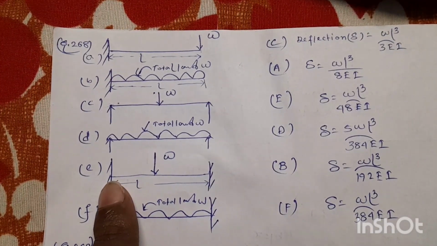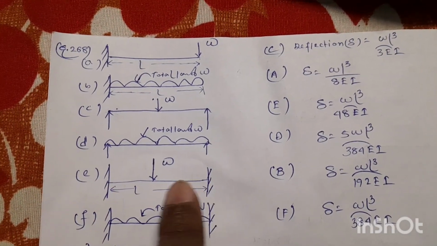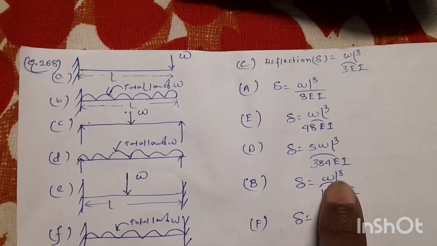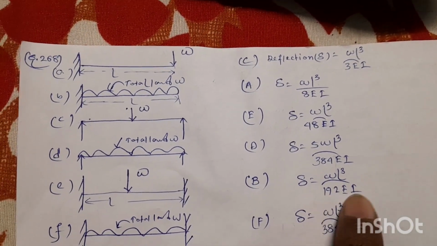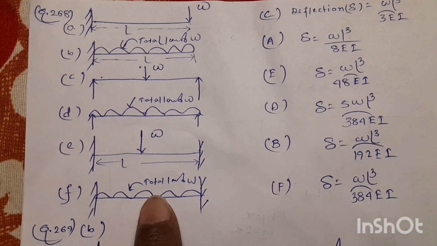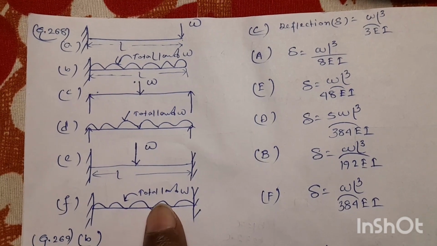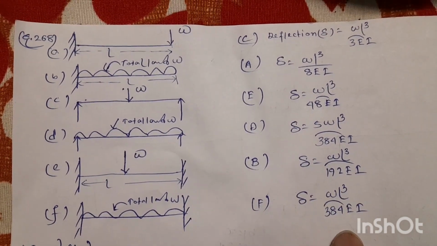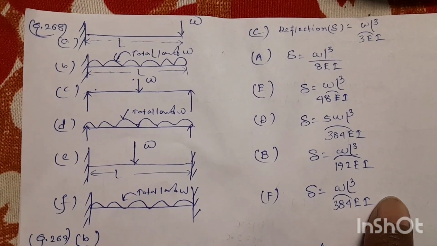For the next beam, fixed beam subjected to a central point load W, the maximum deflection will be equal to WL cube by 192 EI. For the next beam, which is fixed beam subjected to a uniformly distributed load, and the total load is W, the deflection will be equal to WL cube divided by 384 EI.